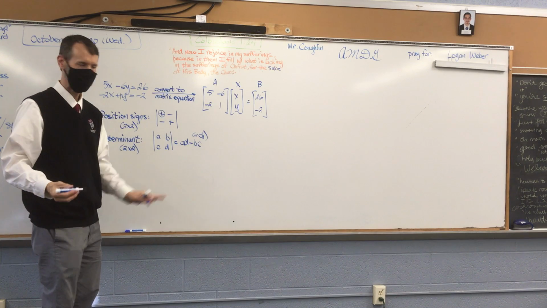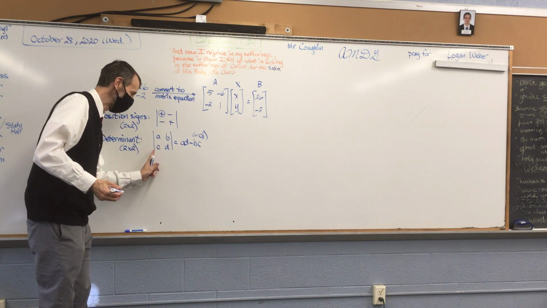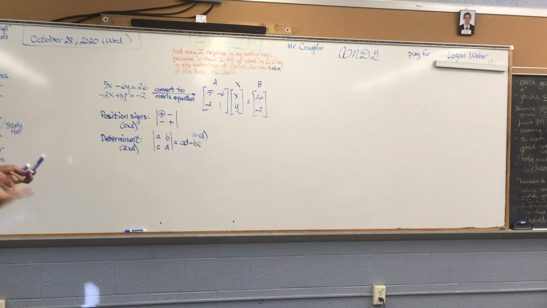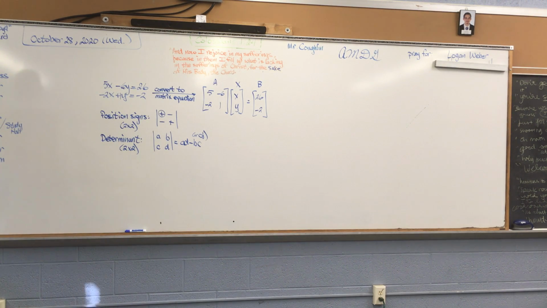So a nickname for that is downhill minus uphill. So the downhill slope minus the uphill slope. Just be careful. One of the most common errors last year was that people would do AD plus BC by mistake. It's always subtracting in the middle whenever you're doing a determinant of 2 by 2.